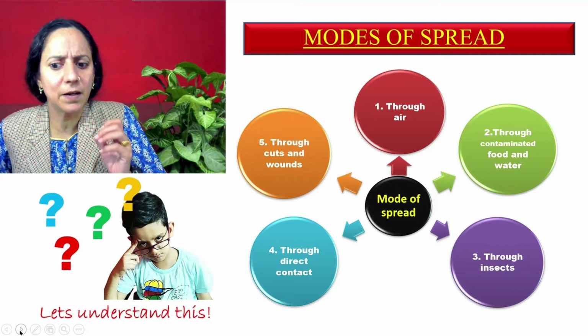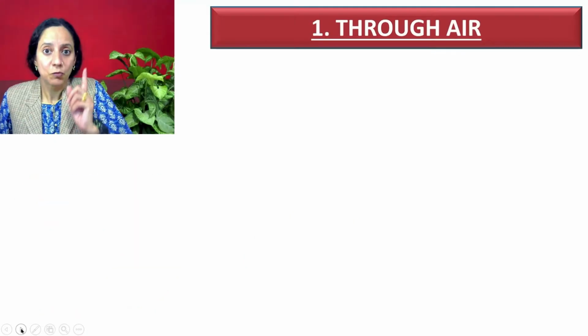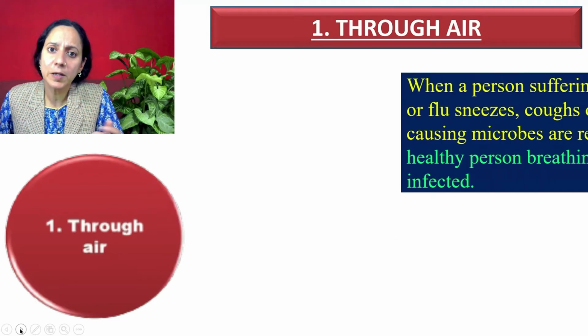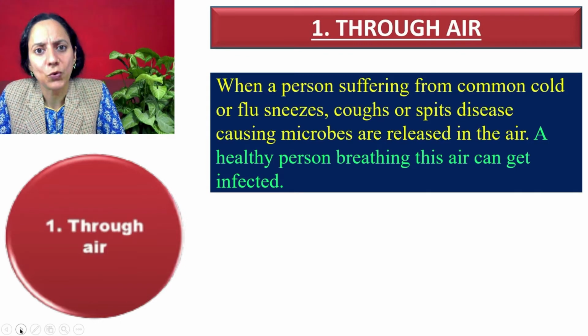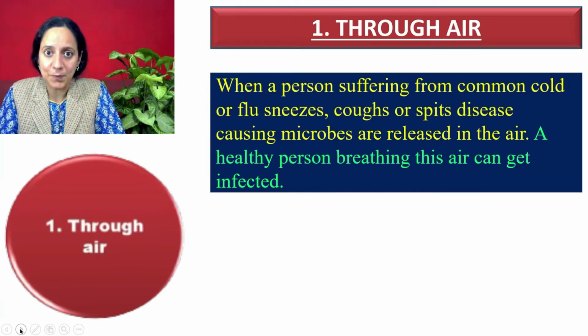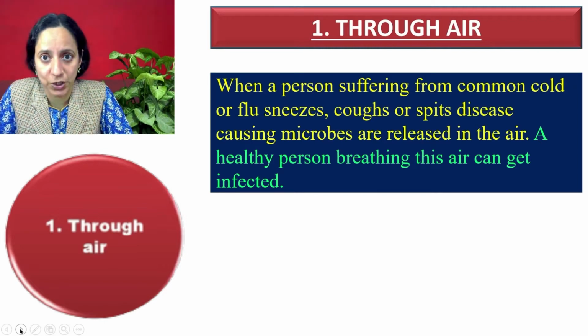Now let's understand these modes of spread with the help of examples. First, through air. When a person suffering from common cold or flu sneezes, coughs or spits, disease-causing microbes are released into the air.